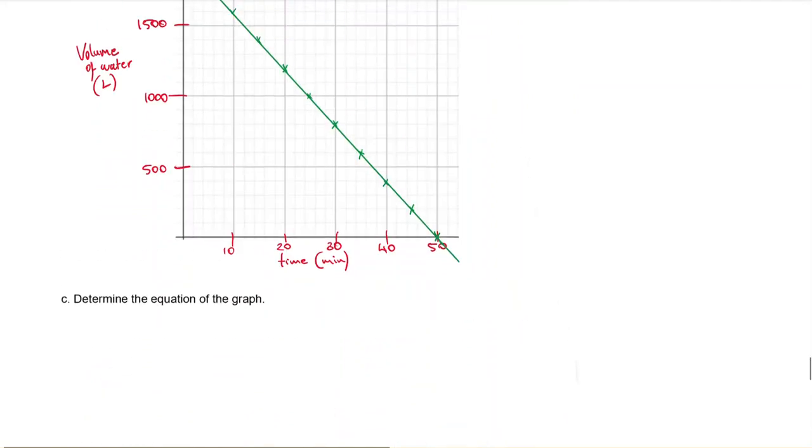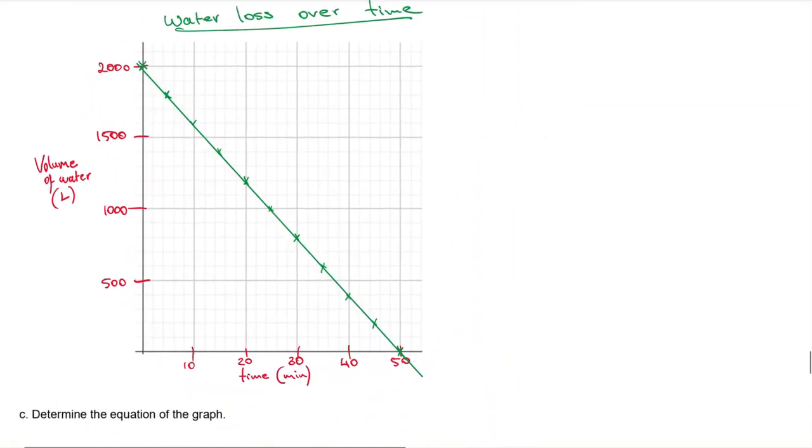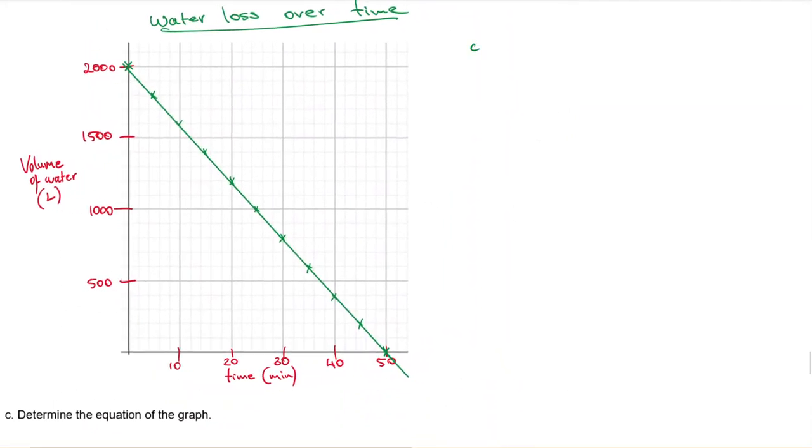Then it says determine the equation of the graph. I'll just do part C over here on the side because we need the graph. Like I told you before, always start with the general formula, y equals mx plus c, where m is the gradient and c is the y-intercept.